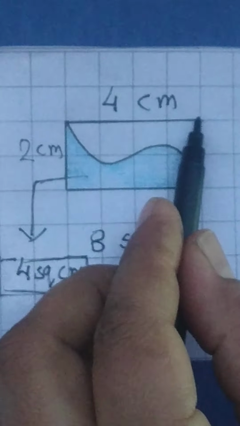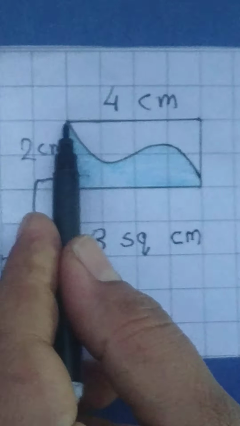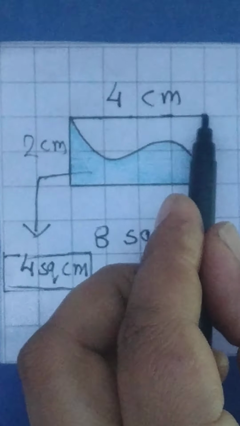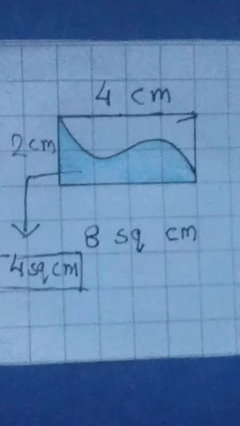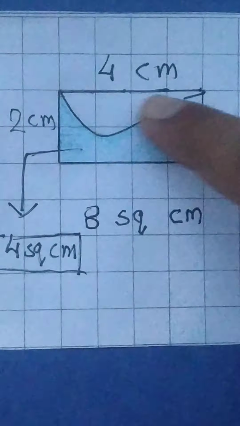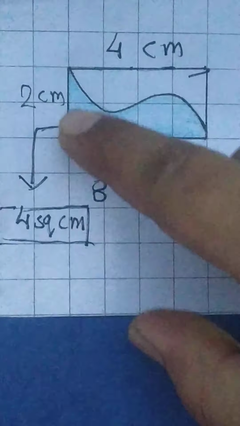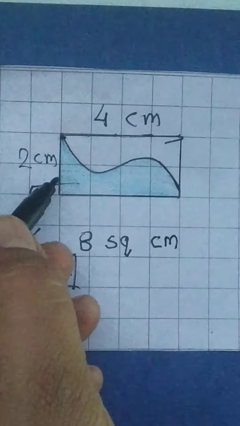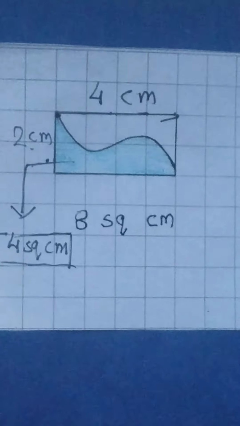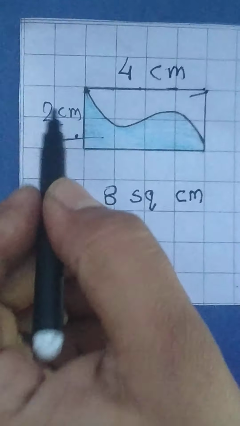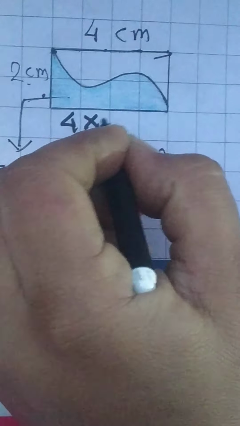1, 2, 3, 4. All squares have a length of 1 centimeter. So this rectangle is 4 centimeters in length and 2 centimeters in width, and 4 twos are 8.